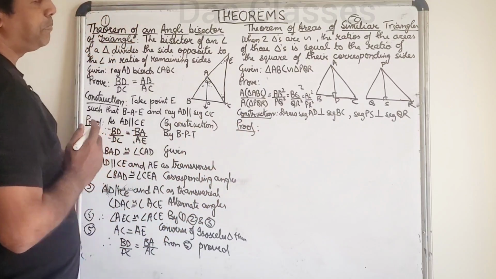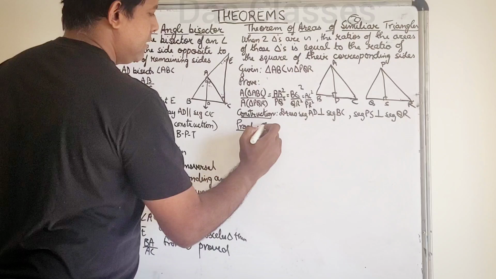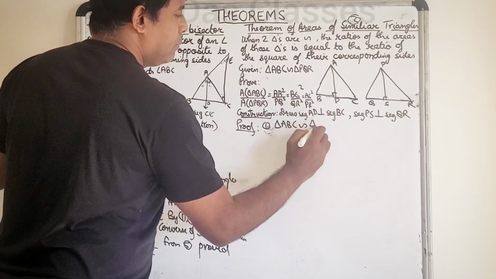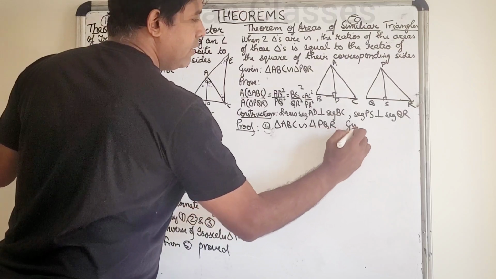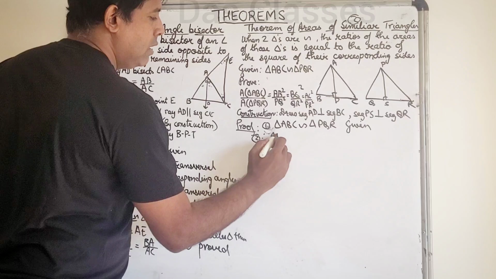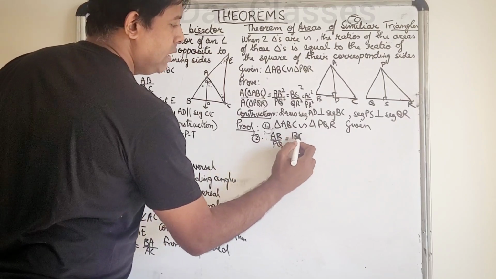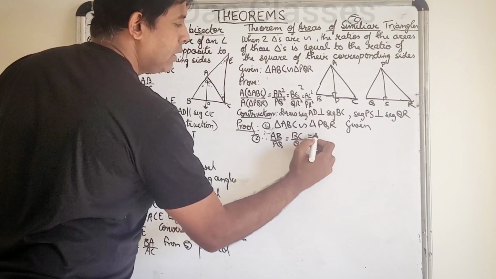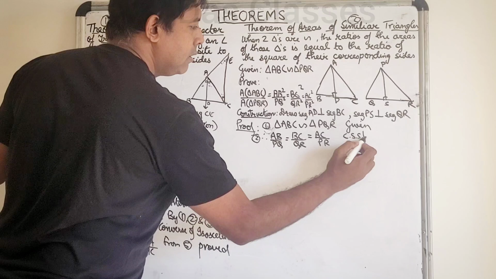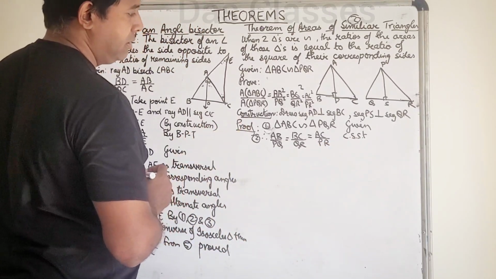How to prove it? First of all, they have given to us triangle ABC. Let us give these numbers. Triangle ABC is similar to triangle PQR. That is already given. Therefore, what we can say is AB upon PQ is equal to BC upon QR is equal to AC upon PR, CSST, corresponding sides of similar triangles.